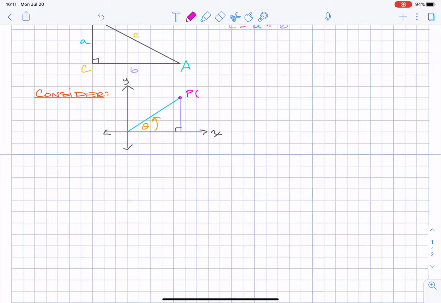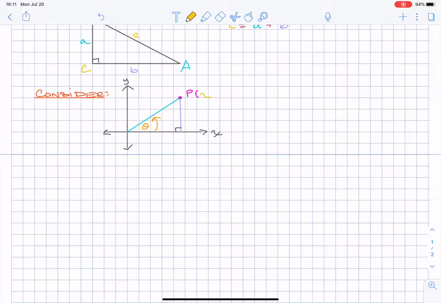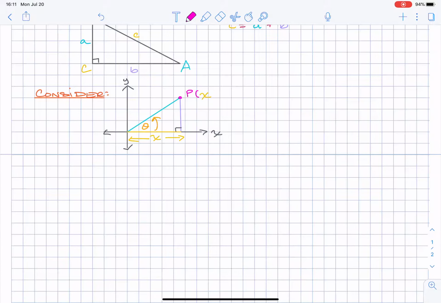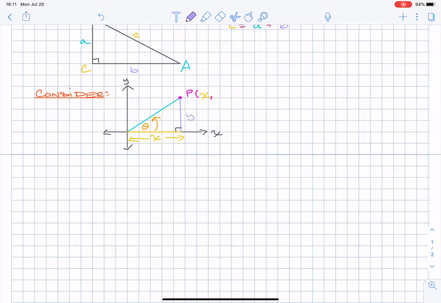So for x, let's have it be orange. No, I already used orange. Okay, let's use gold for x. So the length here for the bottom is x. And let me draw that in yellow. Okay, and then the height, I already put purple for my height. So I will use purple for the height y here. So we have this point at x comma y.